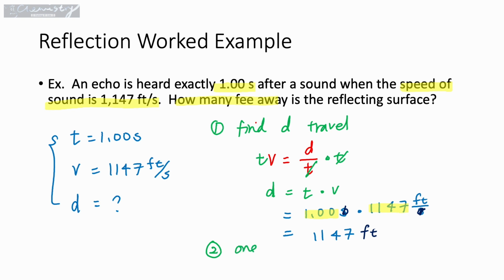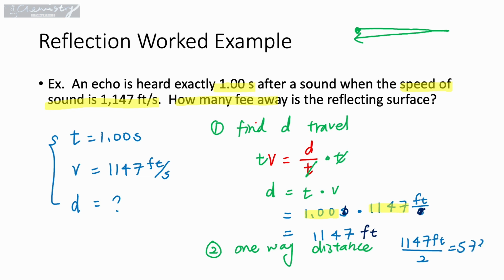So we're looking for one-way distance. Remember, the distance we found is round trip. Now the question is only asking for a single trip. So we have to divide our round trip distance by 2, and that is 573.5 feet. And that will be our answer.